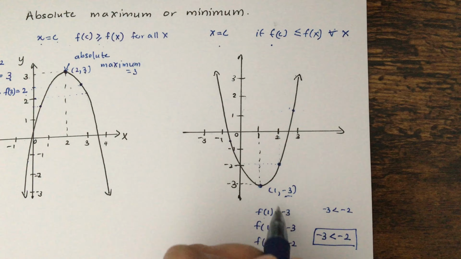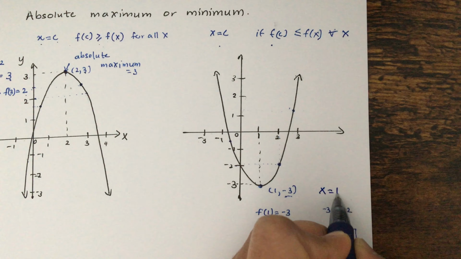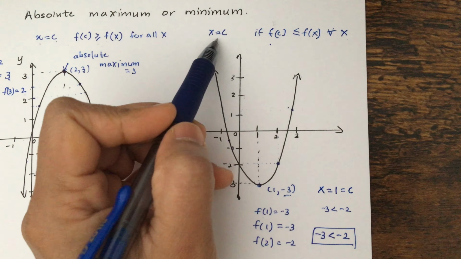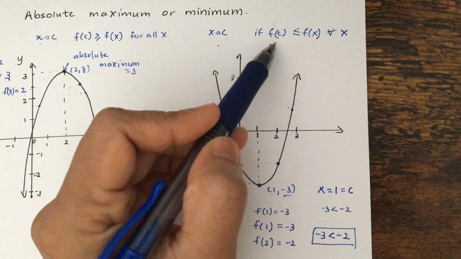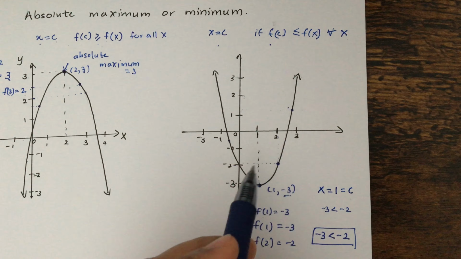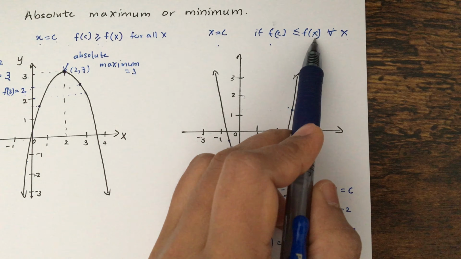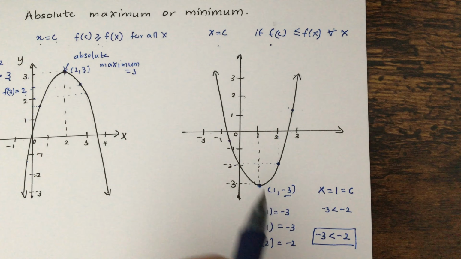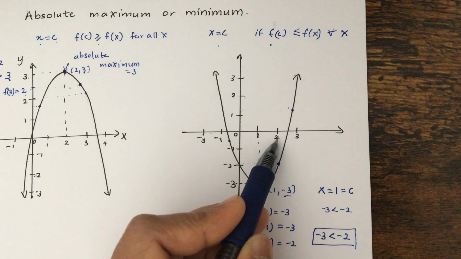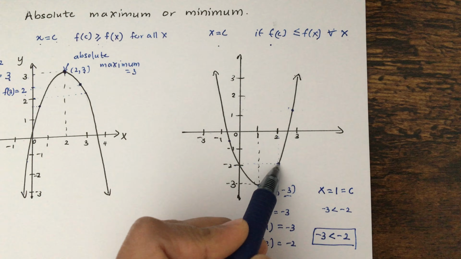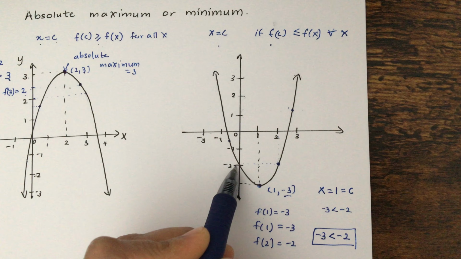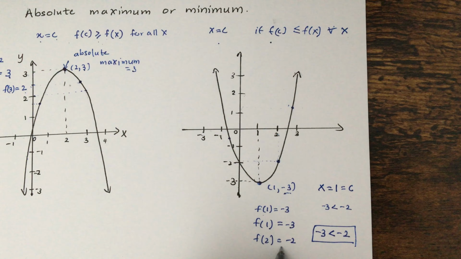So x equals 1 is my c now, right? We are going to compare my f of 1 with all other f of x, right? Let's take x equals 2. My y value is negative 2, right?